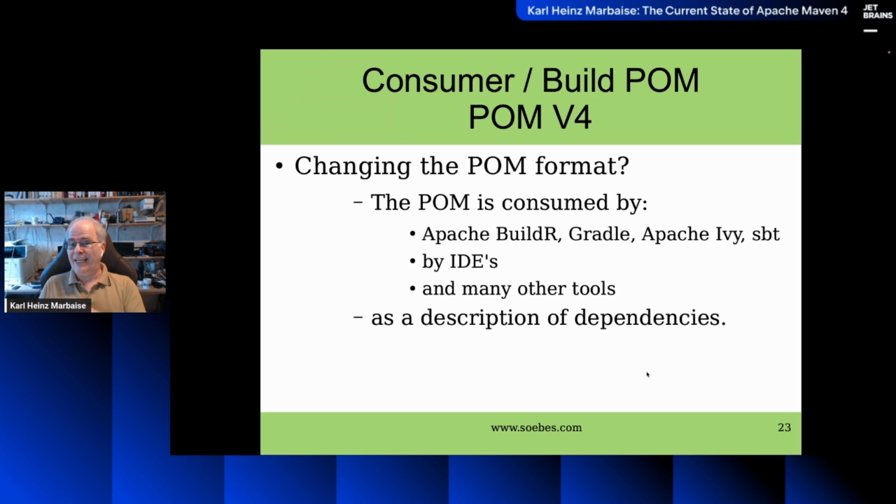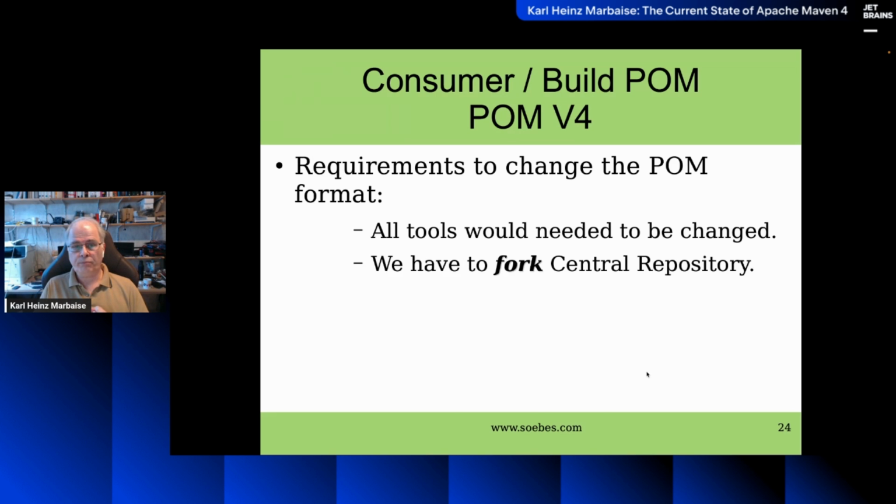The problem is that the POM file is consumed by so many tools, build tools, Maven, Gradle, Apache, IDEs, for example, IntelliJ, Eclipse, NetBeans, all these tools are consuming them and using them. That is, on the one side, a very good thing because it brings you support for your handling in your IDE and improves your productivity and things like that. But on the other hand, it is a problem to change that format.